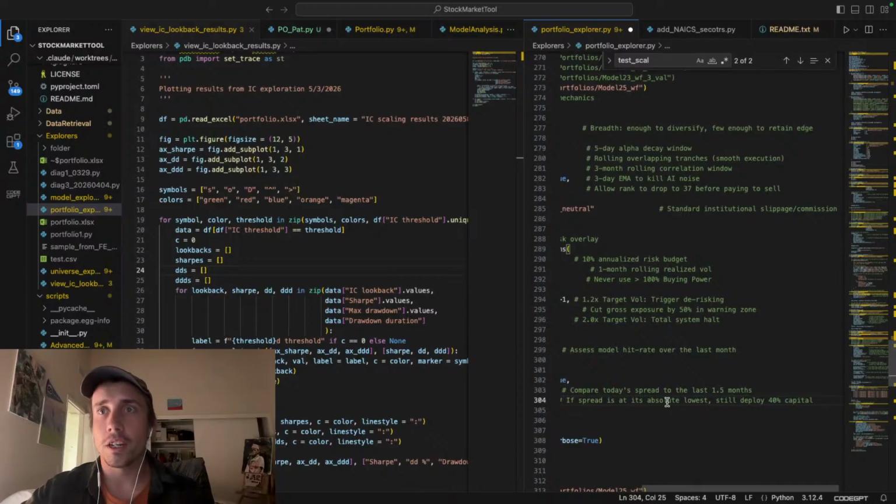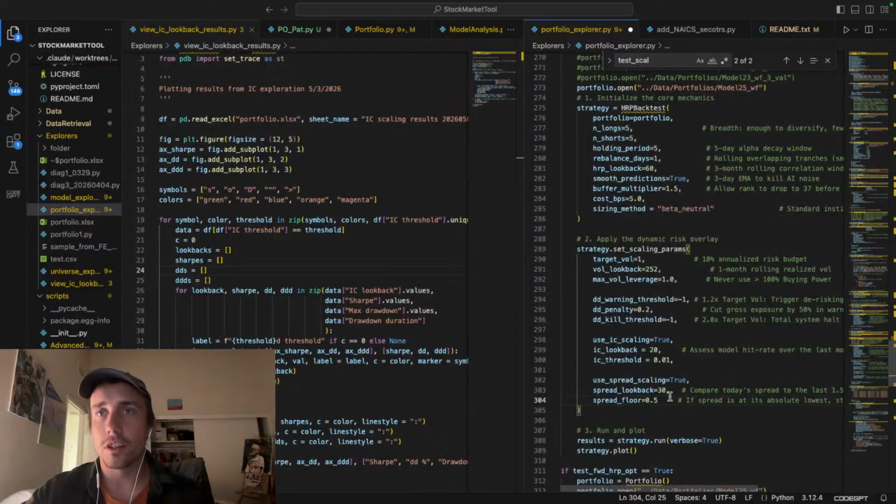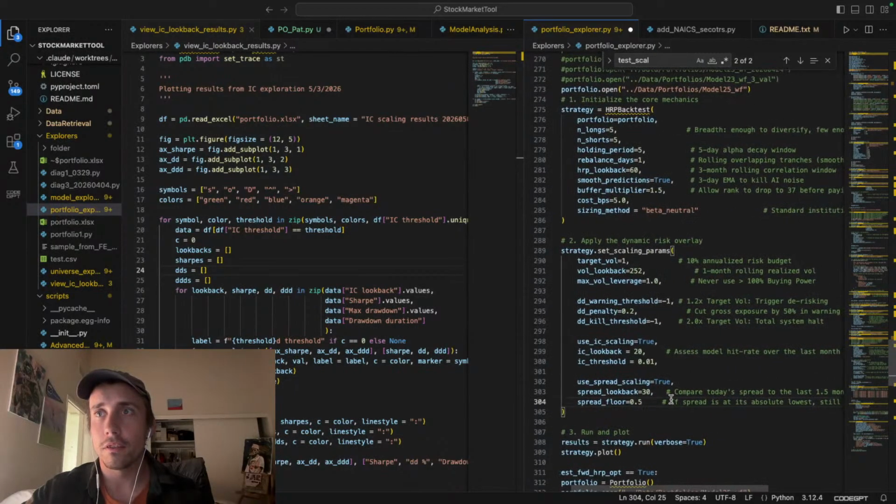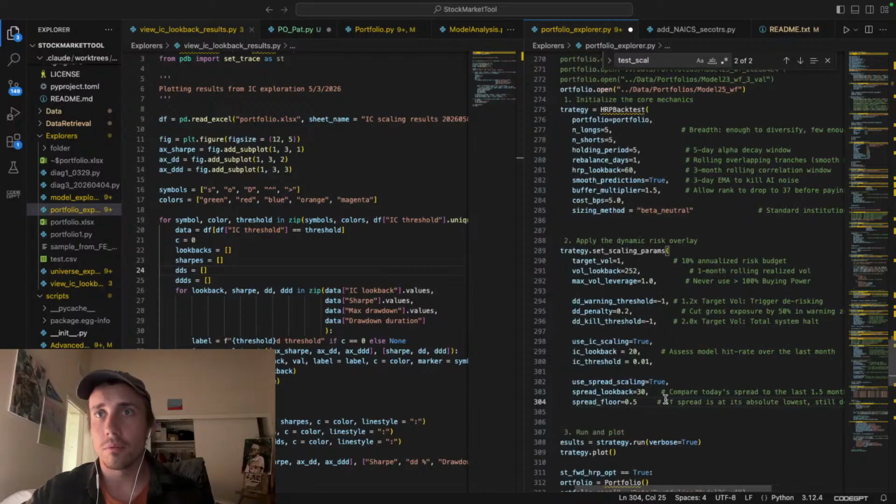And if spread is at its lowest in the last month and a half, still deploy 40% capital. So 0.2. And why not use a long look back? If it's the lowest spread in the last year, drop it way down.